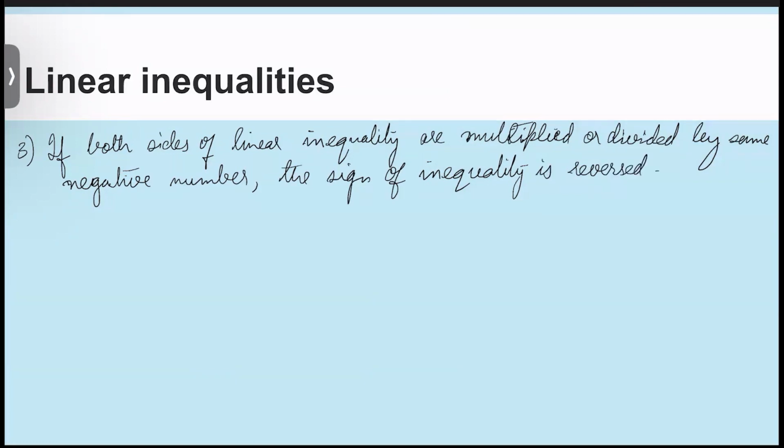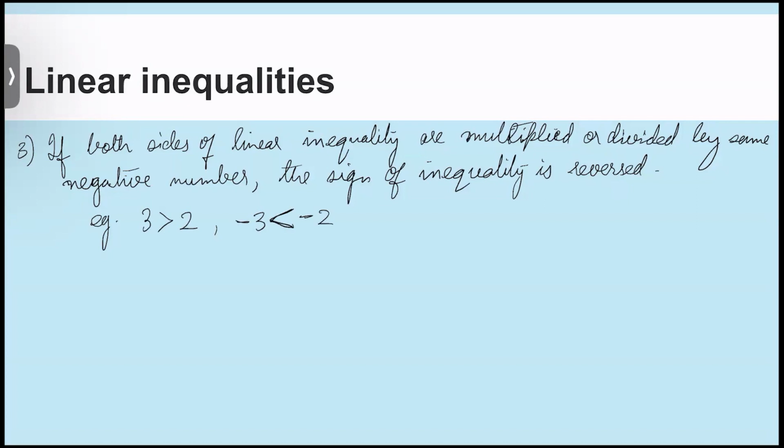So, for example, I had explained one example. If you have 3 is greater than 2, and you multiply both sides by -1, you write -3 and -2, and this reverses the sign of the inequality, because -3 is less than -2, whereas 3 is greater than 2.